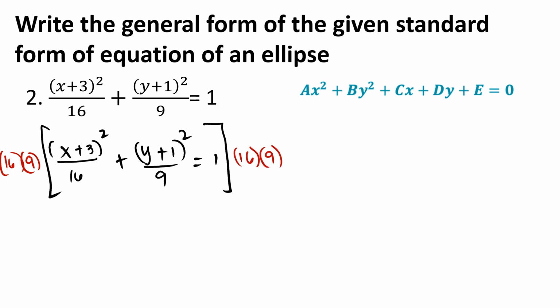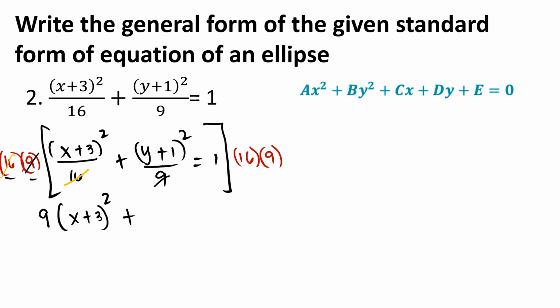So 16 and 9 are our multipliers because we have them as our denominators. Since we have 16 and 9 as our multiplier, we will now cancel the 16. So the remaining there is the 9 and then (x + 3) to the power of 2. That will be for the first fraction. And then we have a plus, again, the 16 and 9 multiplied to the second fraction, we only cancel the 9.